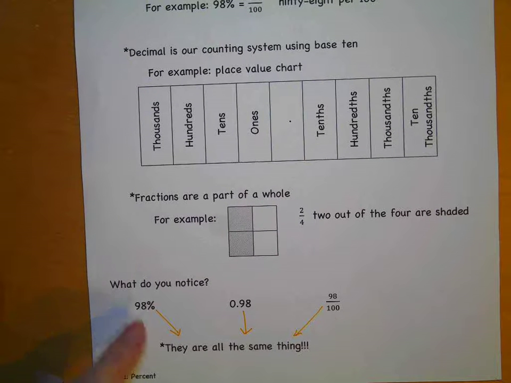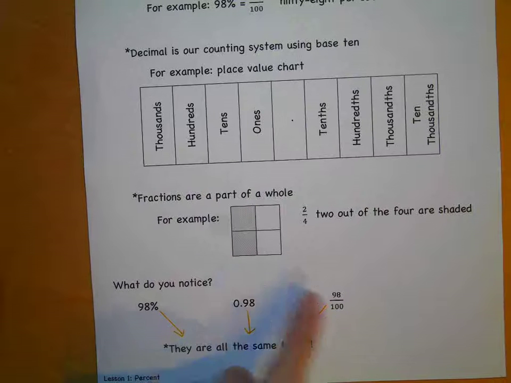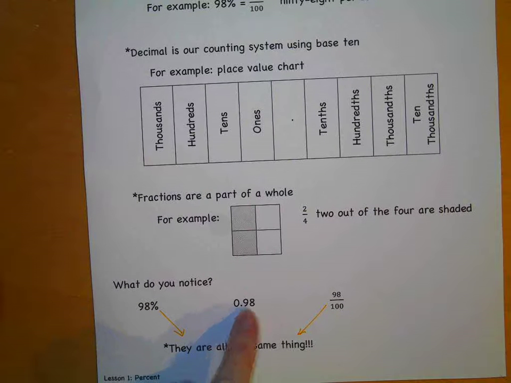So 98% is the same thing as 98 hundredths, which is the same thing as 0 and 98 hundredths. They're all related. The coolest thing that you can remember about percents, decimals, and fractions is that they are all the exact same number, just in different forms.